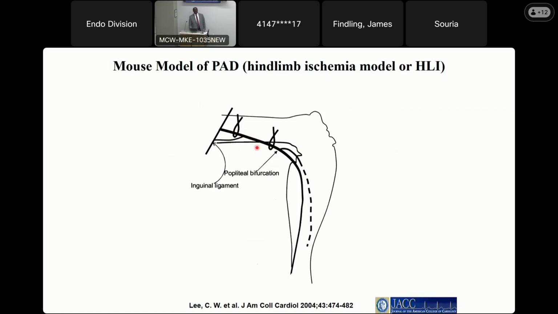Right? Following that, the tissue distal to that excision of the femoral artery will then develop ischemic injury, which, depending on the circumstances, the mouse will either recover or lose the limb.